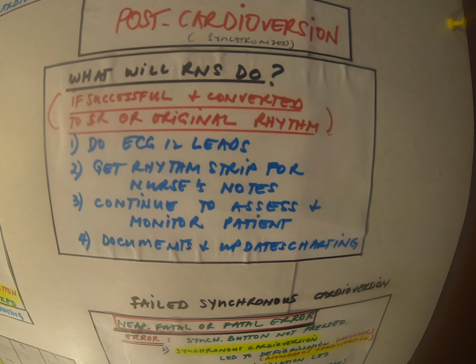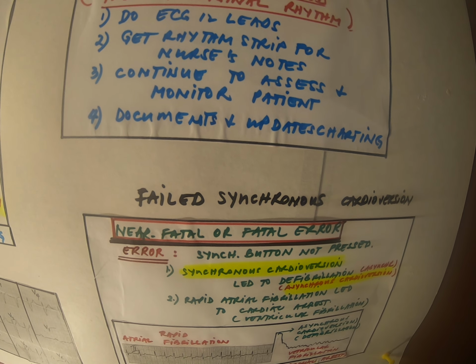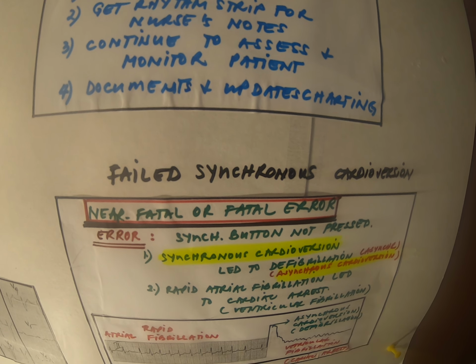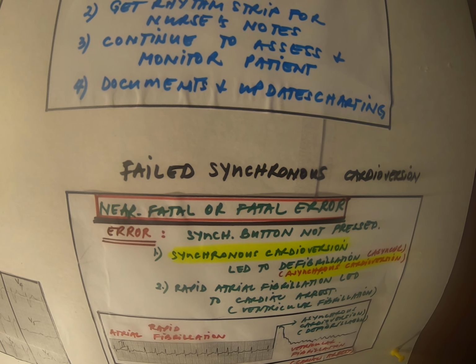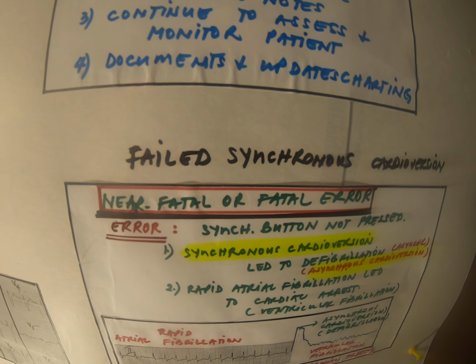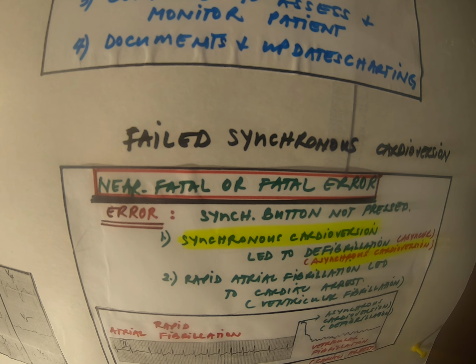Okay, so anyway, if you think that this synchronized cardioversion failed, there is a problem. It might possibly happen. Assuming that the patient is supposed to have a synchronous cardioversion, but they failed to hit the sync button, what is happening now is that we're not doing synchronous cardioversion anymore, but we're actually defibrillating the patient.